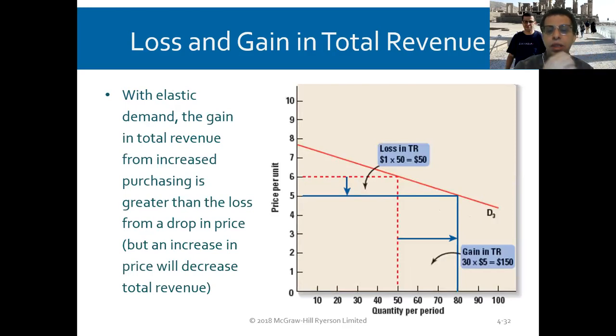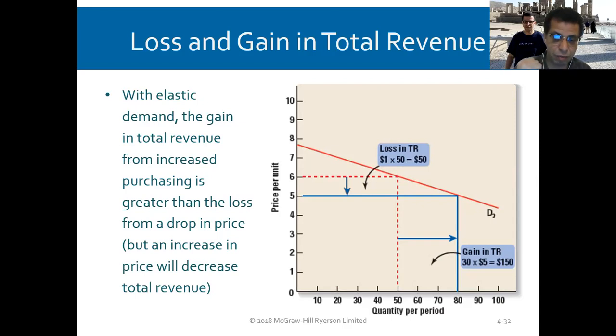Now, with elastic, we said elastic demand is like this, inelastic demand is like this. So with elastic, the gain in total revenue from increased purchase is greater than the loss from dropping the price, but an increase in the price will decrease the total revenue.